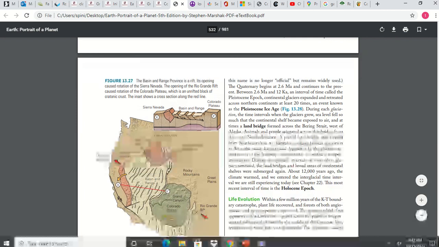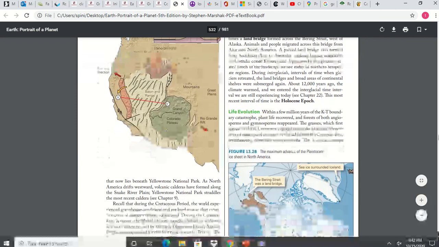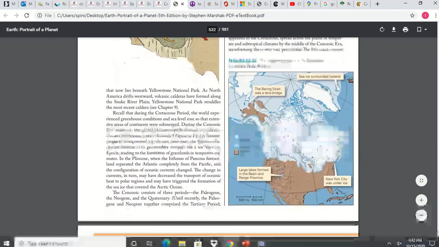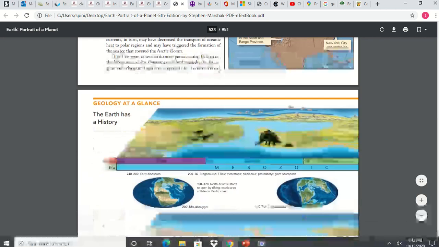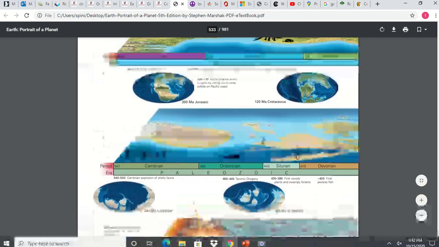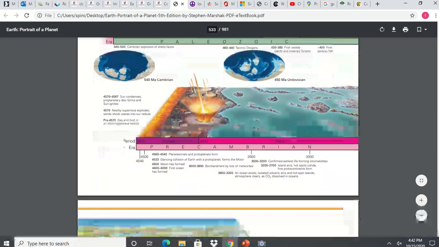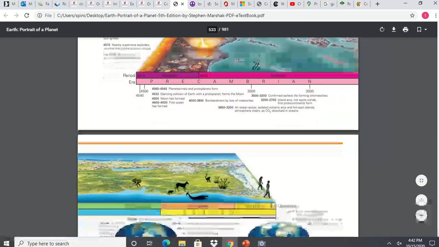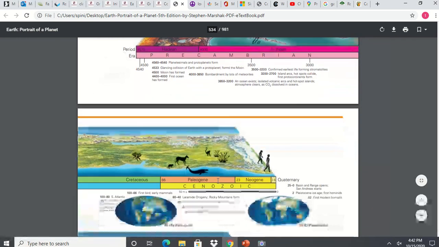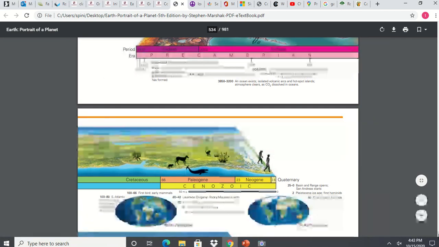And so organisms, and we're talking about plants as well as animals, can get stuck. We see that all over the planet, which is very interesting. So anyway, this is a very good little picture here that shows some of this history. Make sure you look at that carefully so you can understand. It goes through the whole timeline here, which is very good.